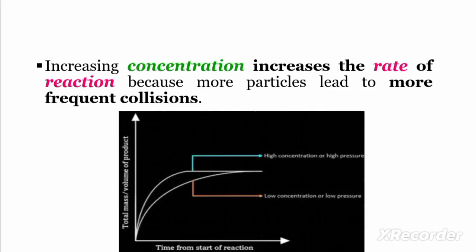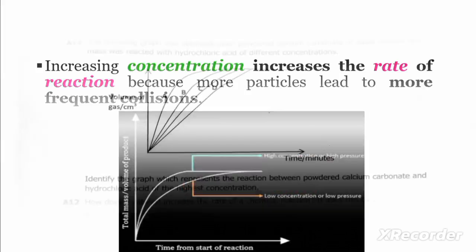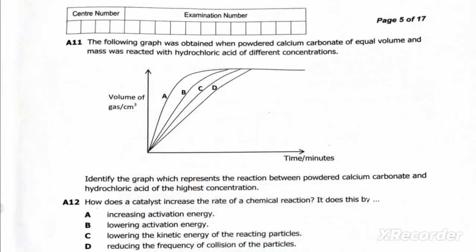So the higher the concentration, the higher the rate of reaction. The lower the concentration, the lower the rate of reaction.